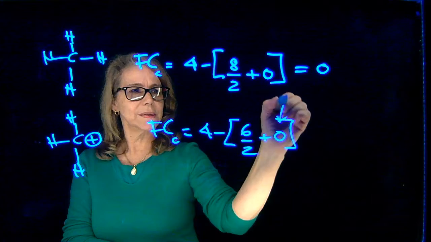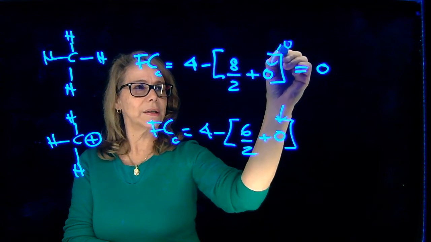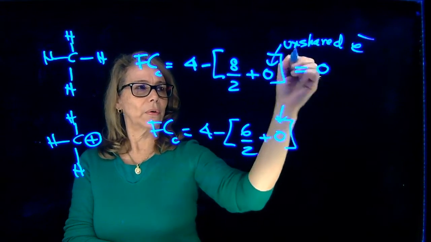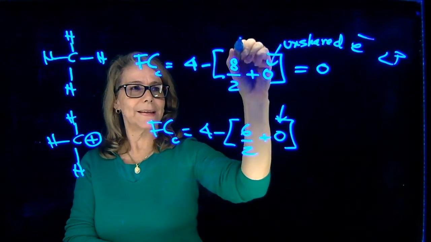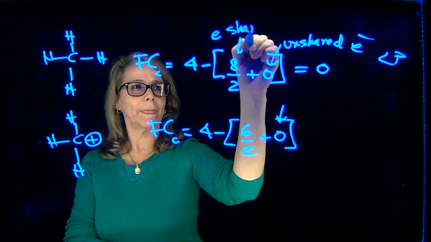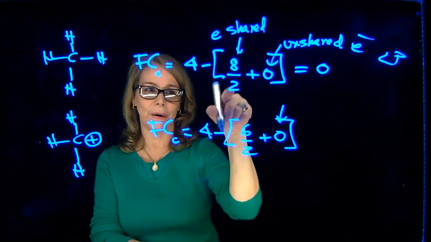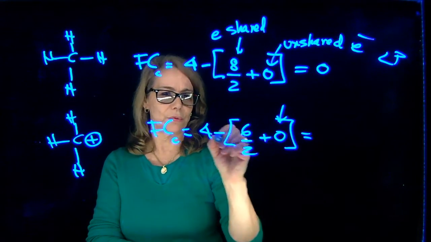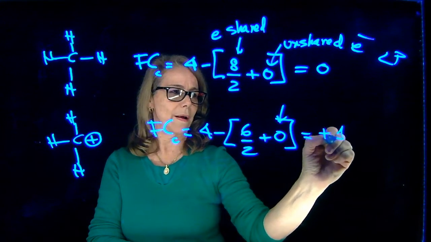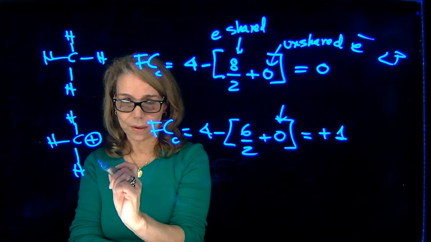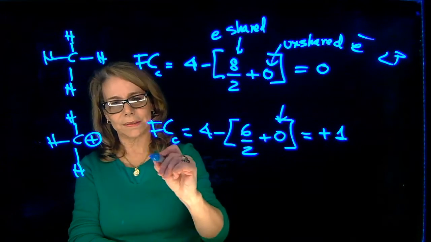This is the number of unshared electrons, the ones in lone pairs, and these are the electrons that are shared, being a part of bonds. So we don't have lone pairs, and here the formal charge would be plus 1. So if we see a carbon that is missing one bond, then it will have a formal positive charge.